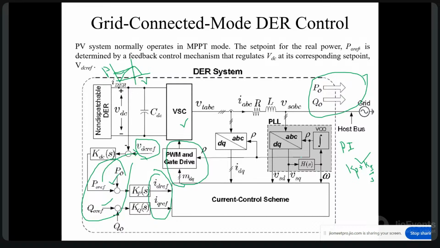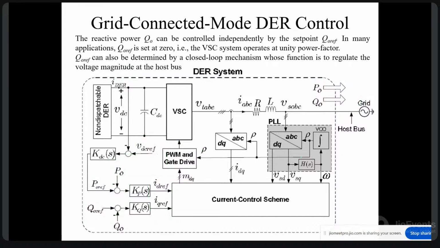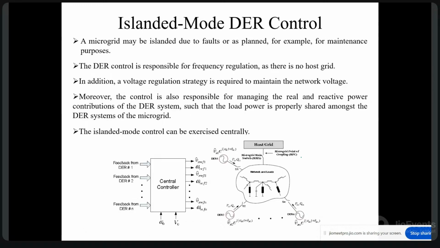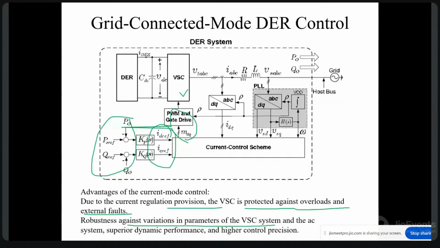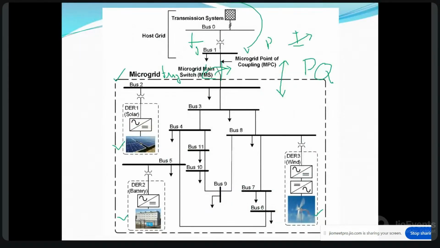Now this is about the grid connected operation. Now going to the islanded mode operation. The microgrid may be islanded because of faults. Maybe in the external grid there may be a fault.